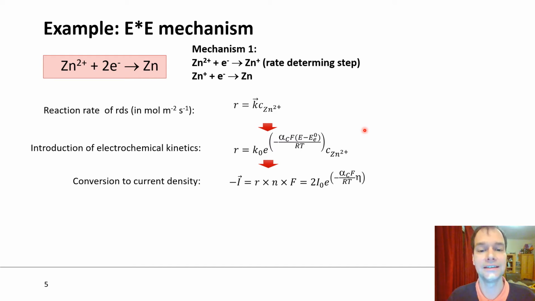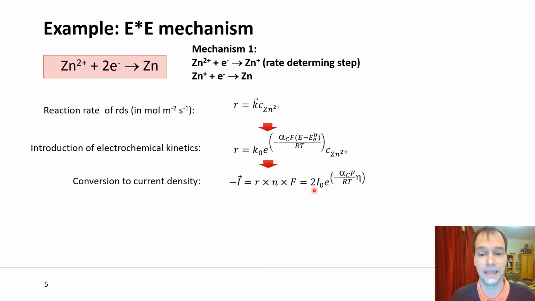Because every Zn+ that we form immediately reacts further to Zn, because this is the rate determining step, which means that the following step is fast. So for every Zn+ we form, we immediately form the Zn, which means we use 2 electrons. So that's why the 2 shows up, and then the equation suddenly has a 2 in front of the exchange current density.